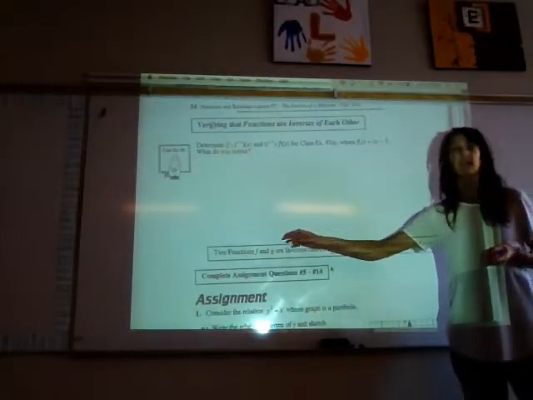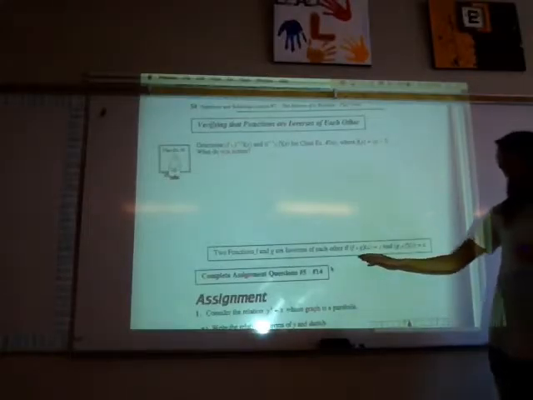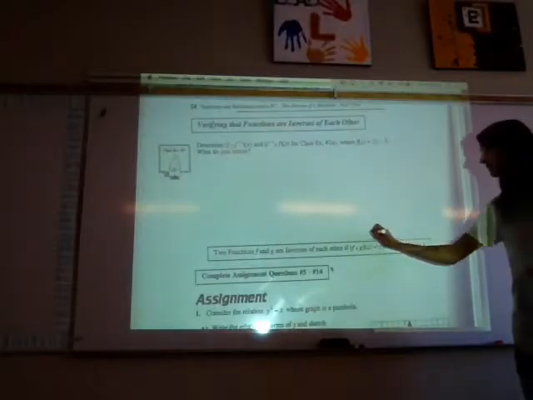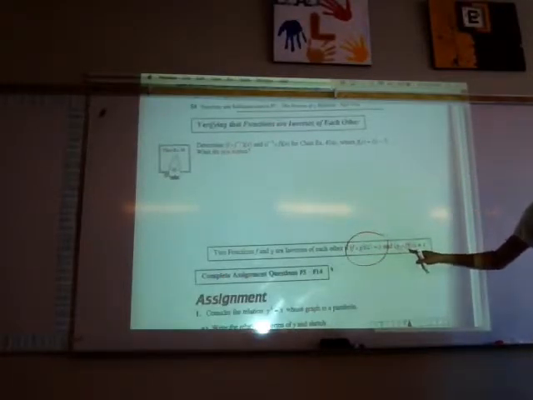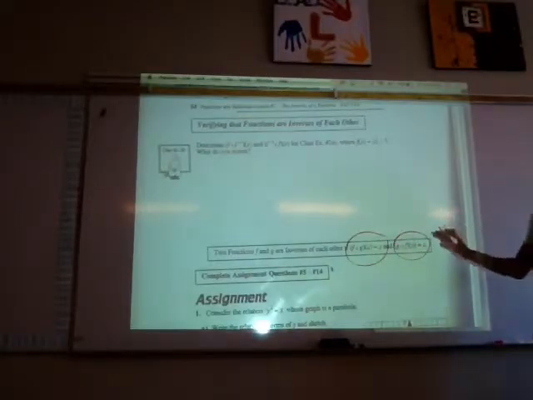Basically, two functions, f of x, g of x, are inverses of each other if the composition of f of g of x is equal to x, as well as if you were to do the opposite composition, g of f of x, it will also equal x. So if you do that, and they both equal x, then they are in fact inverses of each other.